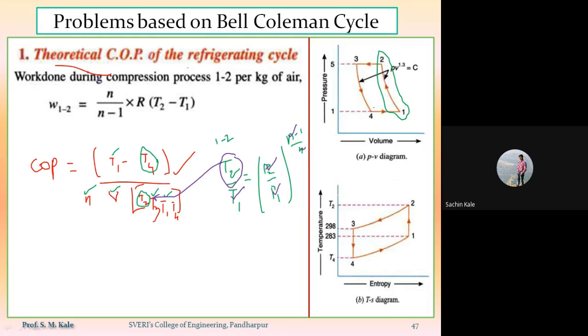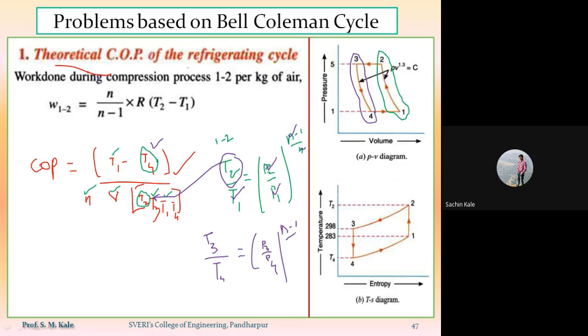Similarly, here if you see another process, what is the next quantity that you want to calculate? You have to calculate again the value of T4. So to calculate the value of T4, again you know that the 3 to 4 process is a polytropic process. So for that 3 to 4 process also you can use the formula T3 divided by T4 is equal to P3 divided by P4 raised to n-1 upon n.